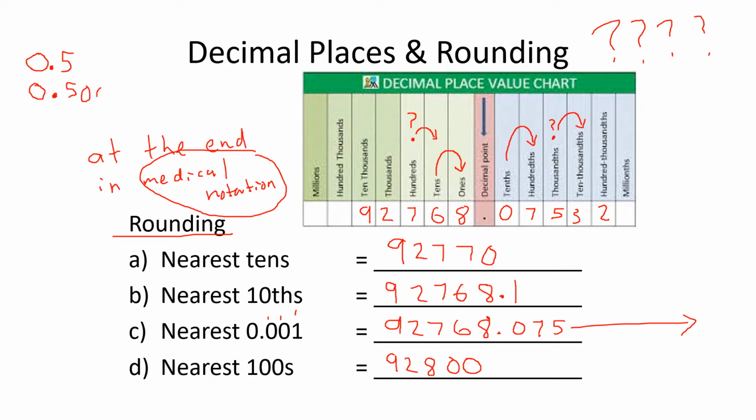If you have any zeros after the decimal, we leave them out. No trailing zeros. You must have a 0 in front of a decimal. You can't just have a naked decimal point, because that might be mistaken for just 5. So you have to put a 0 in front. Any zeros after the decimal, you leave off. No trailing zeros. So that's what I mean by medical notation. All numbers that you enter in any exam must be in proper medical notation.